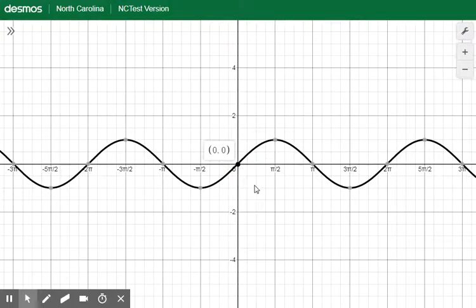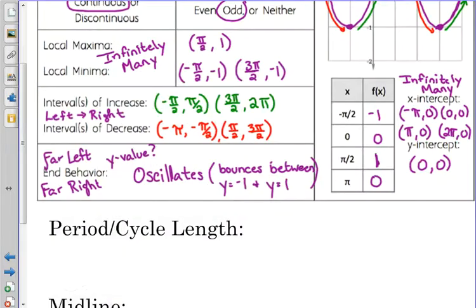Pick a starting point. Obviously, the easiest one would be to start at the origin. You've got to complete the entire pattern before you start over again. So our pattern ends at 2 pi. It started at 0, it ends at 2 pi. So that is what we refer to as the period or cycle length.